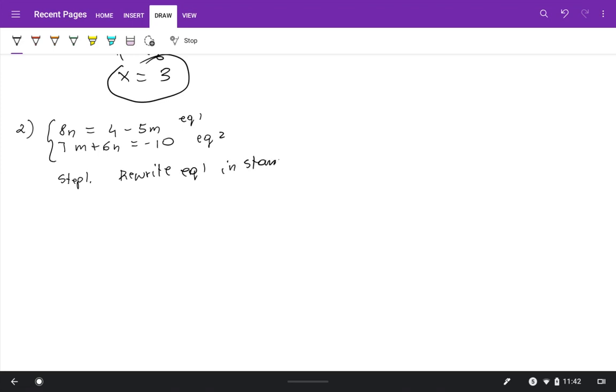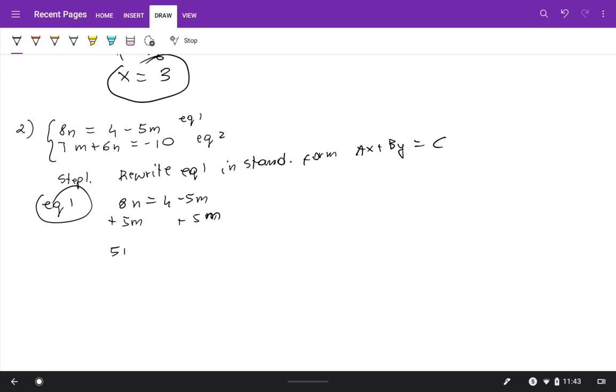So standard form is ax plus by equals c. So with x and y, in this case n and m, we're keeping both together on the left side. So for equation 1, let me change that. We have 8n equal 4 minus 5m. I'm going to move 5m to the left side.